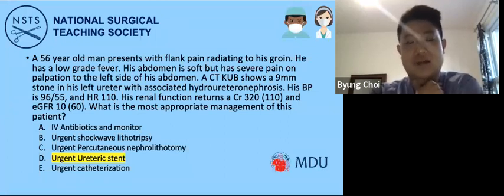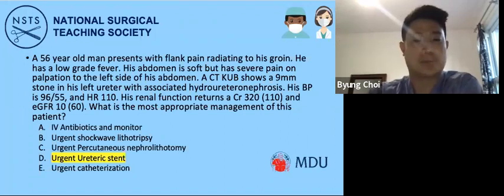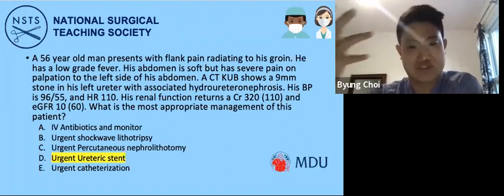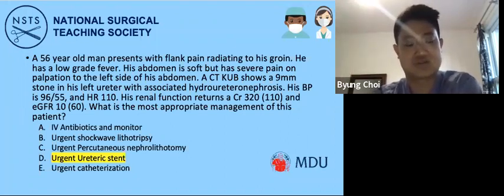It's not to allow the stone to pass, which probably won't if it's that large with just a stent in. It's to allow the flow of urine. So that obstructive urine that's collected and probably leading to urosepsis can drain. You can give antibiotics, and then also re-establish his renal function to closer to his baseline with resuscitation.